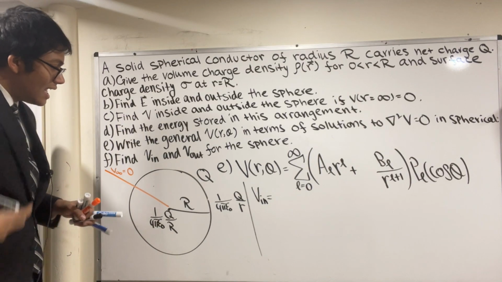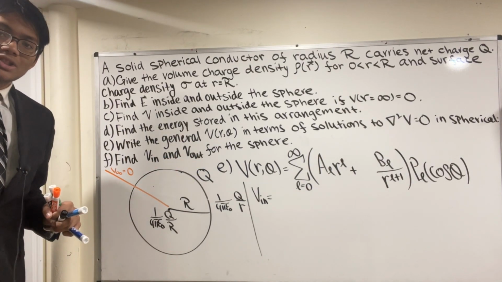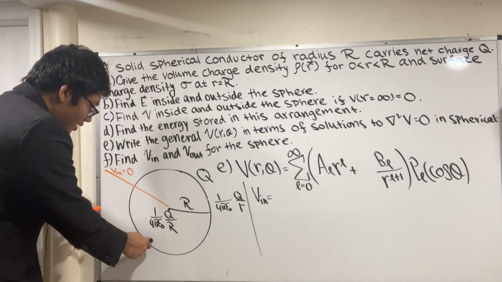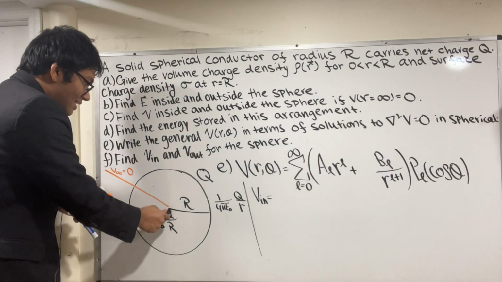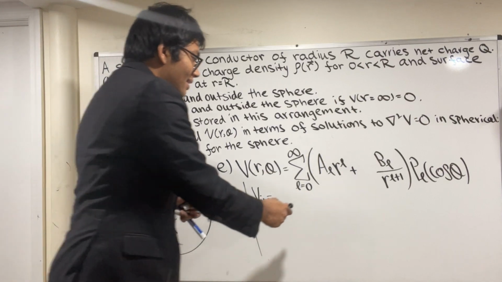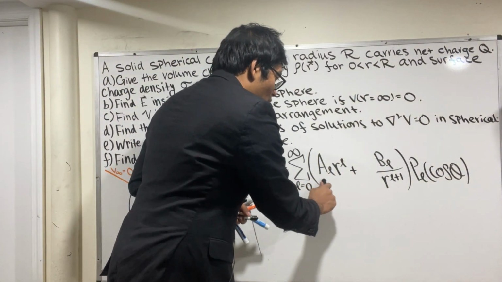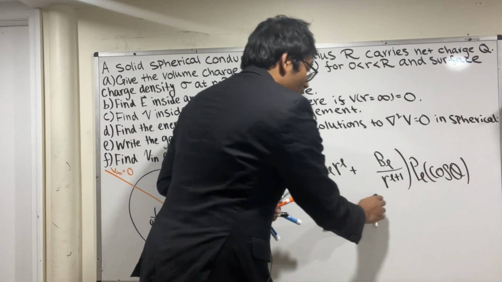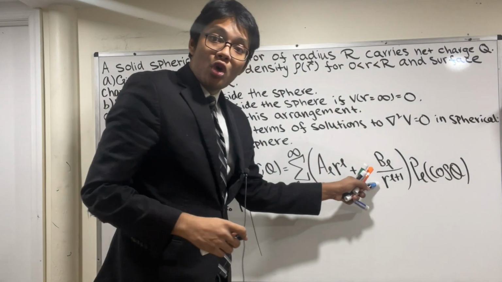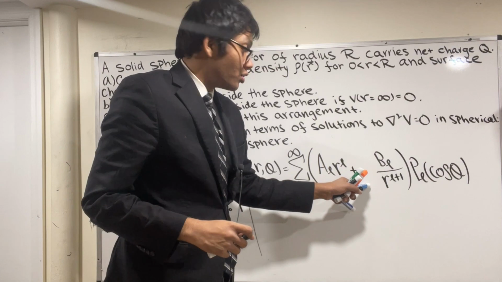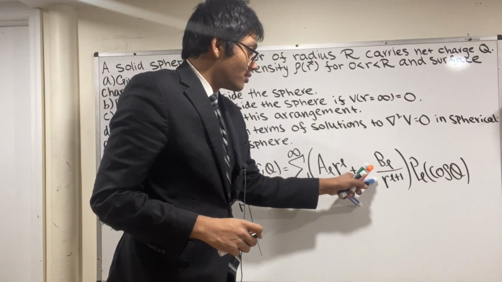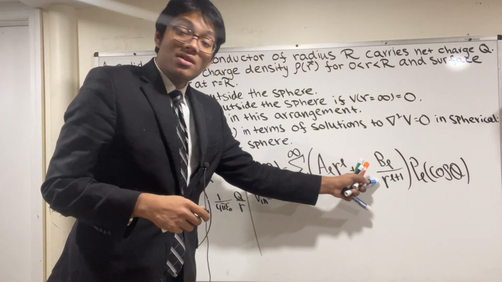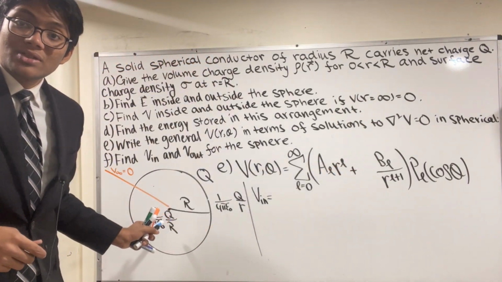But wait, if I'm looking at my electric potential inside the sphere, and I'm tunneling inside, then this term is going to get smaller and eventually approach 0 as r approaches 0, but this term is going to explode. It's a 1 over r term, right? So it's going to explode. We cannot have any of these terms if we want the electric potential inside.